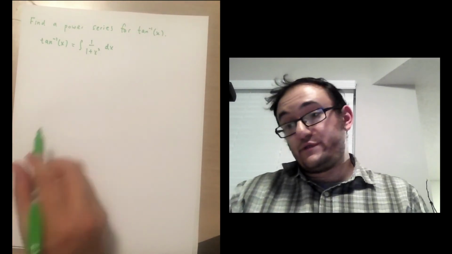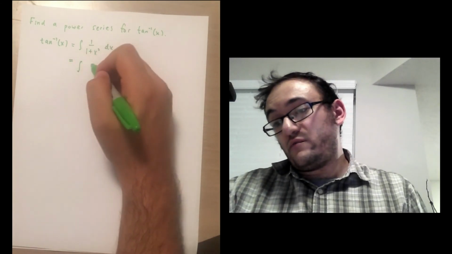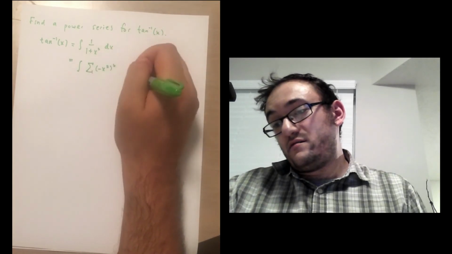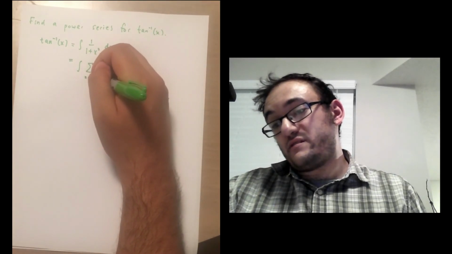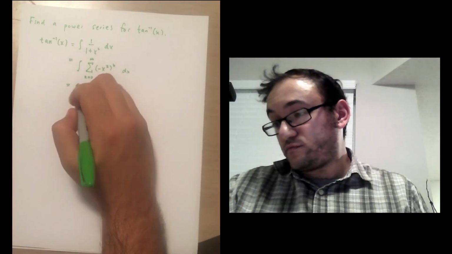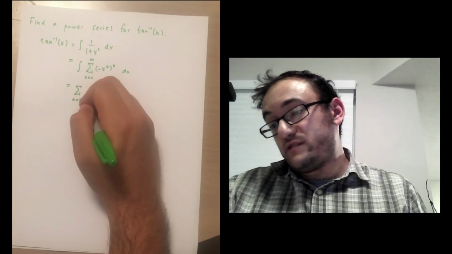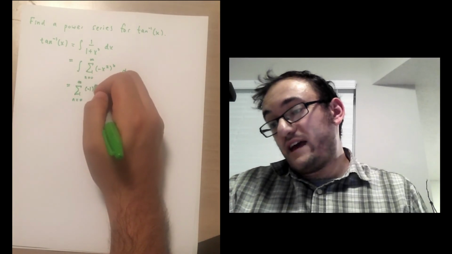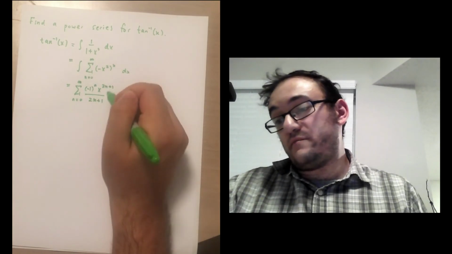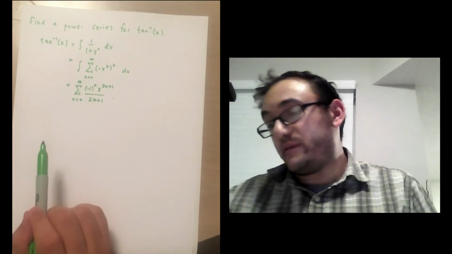Okay, so that's a geometric type series that we're familiar with. We can write this as the sum of (minus x squared) to the n dx, where n goes from 0 to infinity. And we can integrate term by term. We'll get the sum from n equals 0 to infinity of (minus 1 to the n) x to the 2n plus 1 divided by 2n plus 1. Okay? That's what you get when you integrate this series term by term.